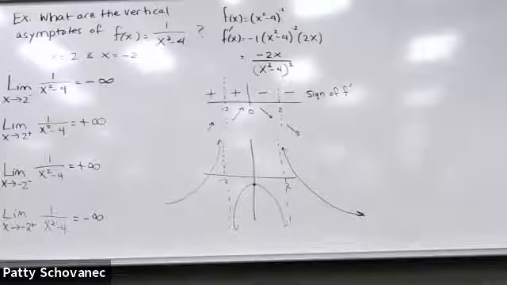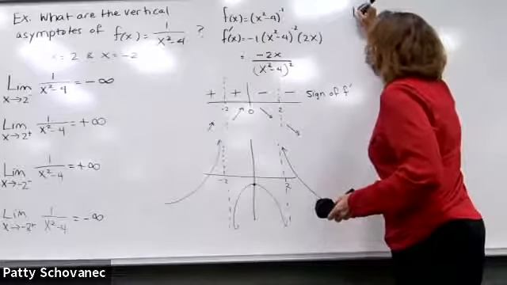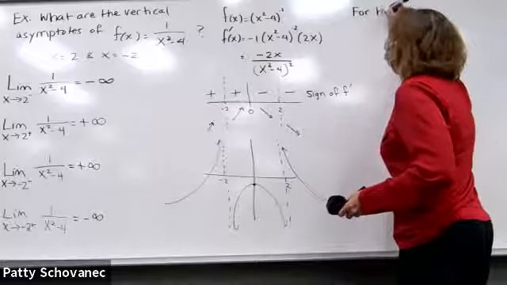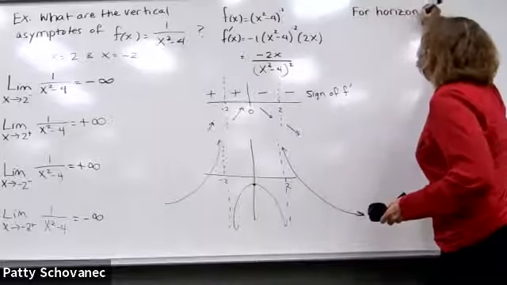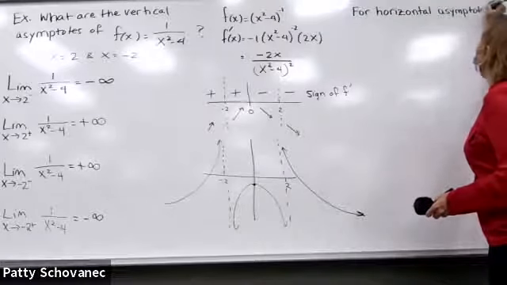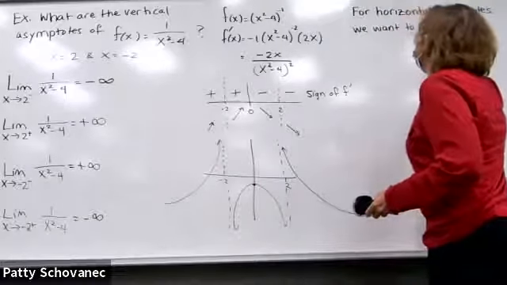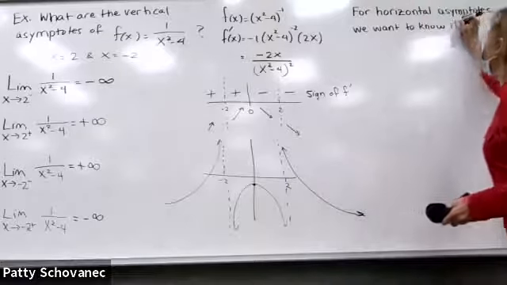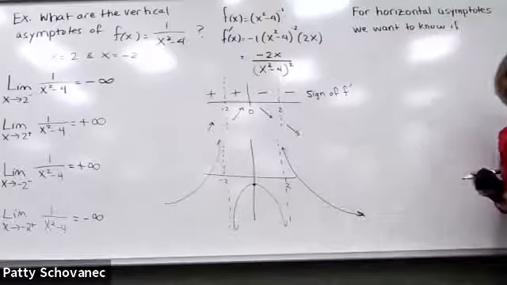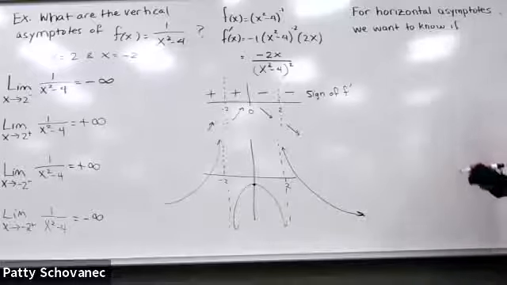All right, let's look at horizontal asymptotes. We want to know if all of the y values approach a certain y value when x is a really big number, either a big negative number or a big positive number.